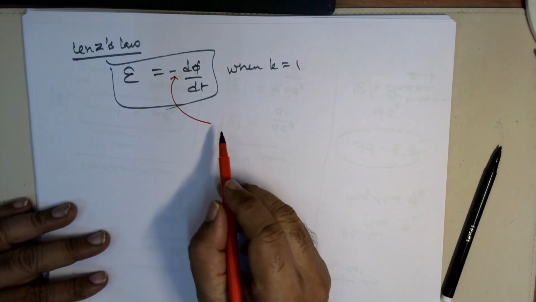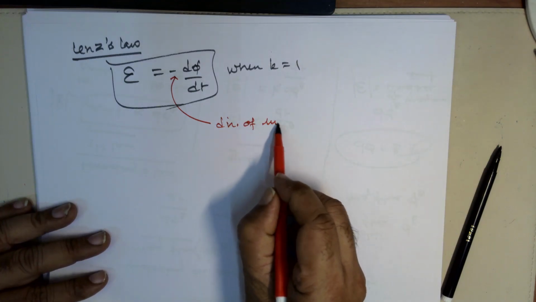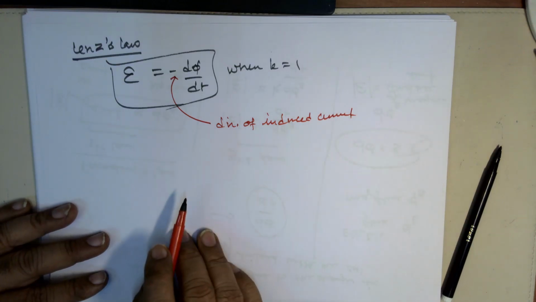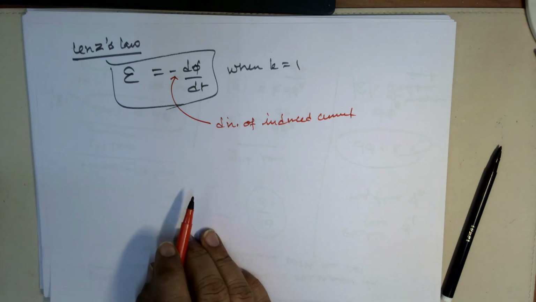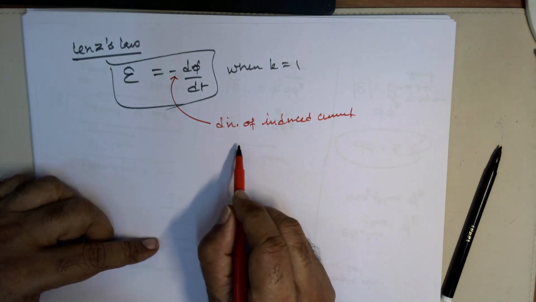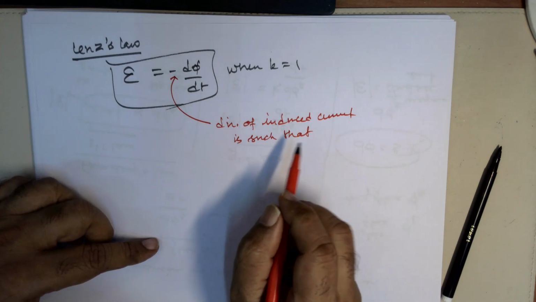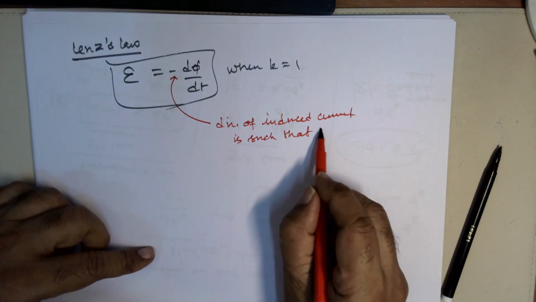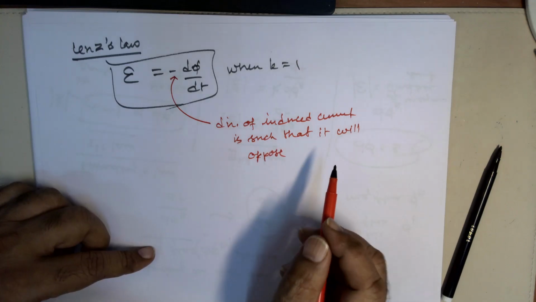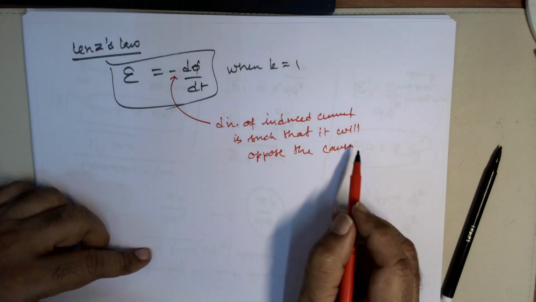This indicates the direction of induced current is such that it will oppose the cause which has produced it.